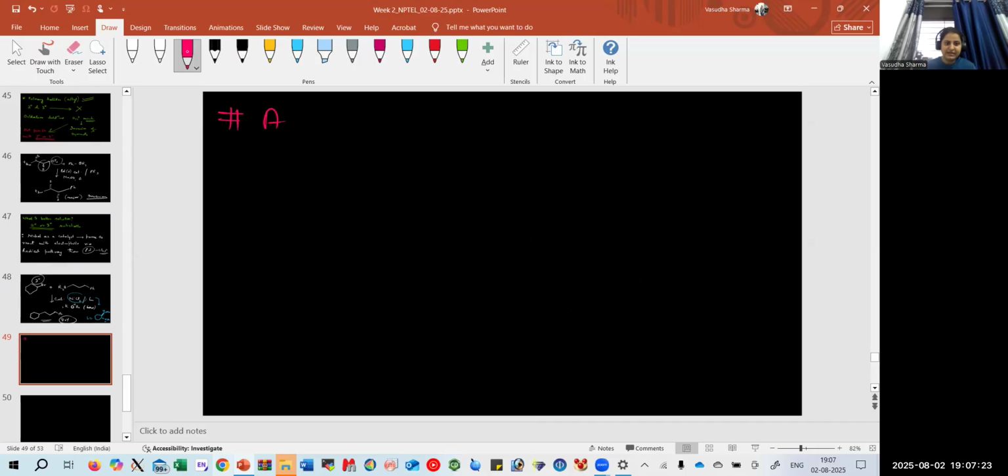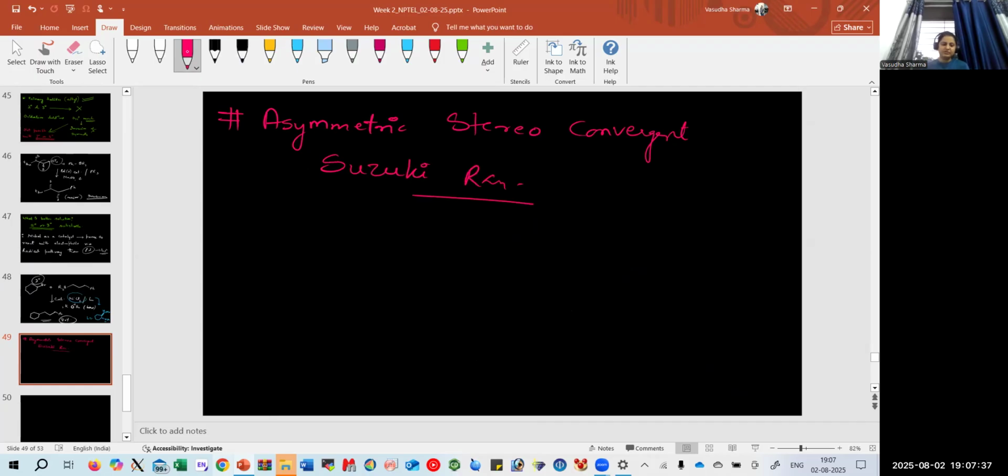Followed by that, we have asymmetric stereoconvergent Suzuki reaction. Whatever you use, even if with the racemic mixture you are using, you will end up having only one product as exclusive product.